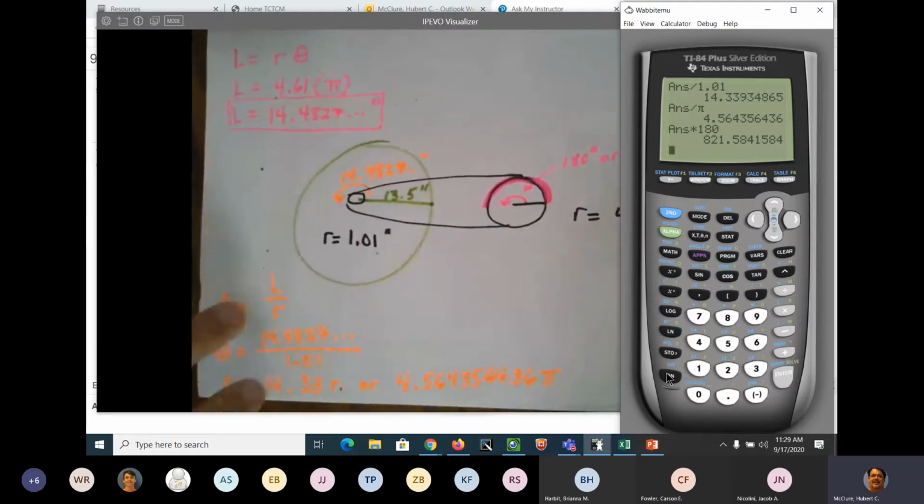So this is over 1. Multiply that by 180 over pi, and that's going to give me 821.5... degrees. I'm sorry, I'm trying to get everything there.